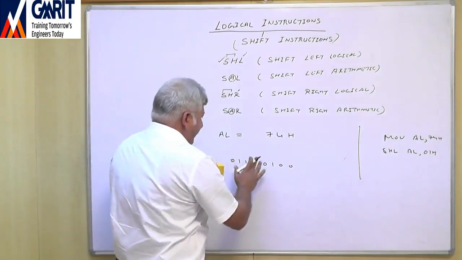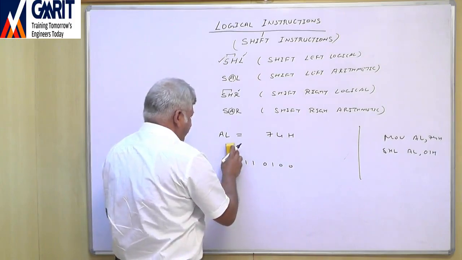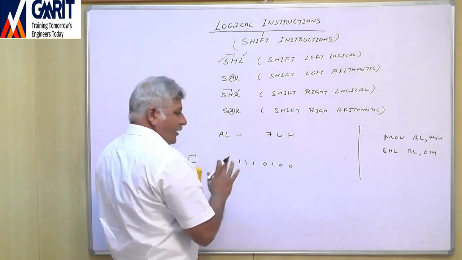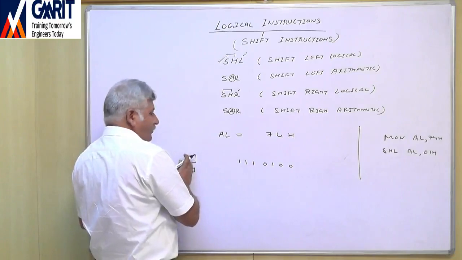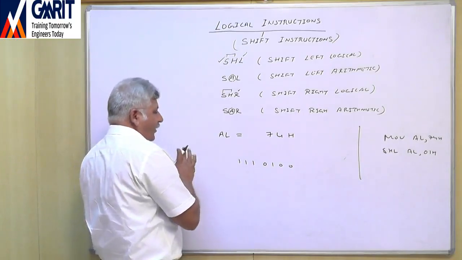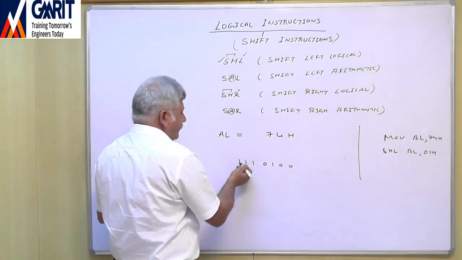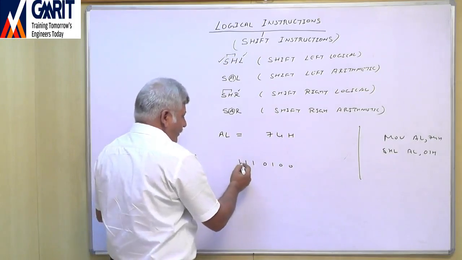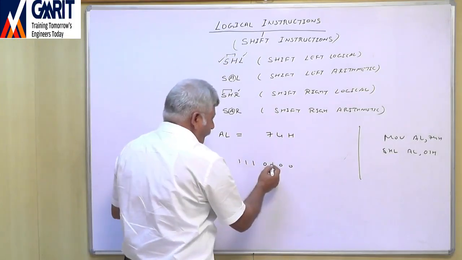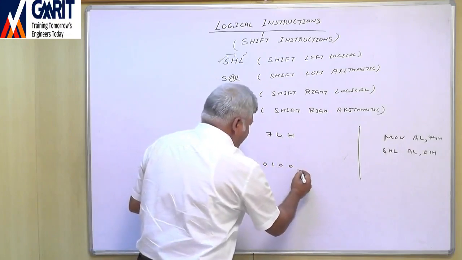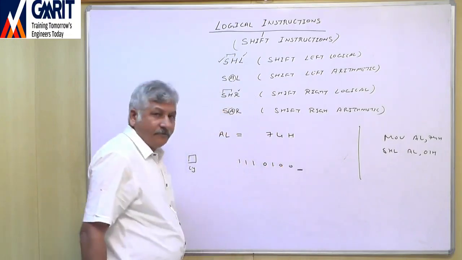And the remaining 7 bits will be like this. Whatever is the MSB, I will remove, because it will simply be stored in the carry flag. Now the next bit position will become the MSB. 1, 2, 3, 4, 5, 6, 7. And now this is the vacant bit position.